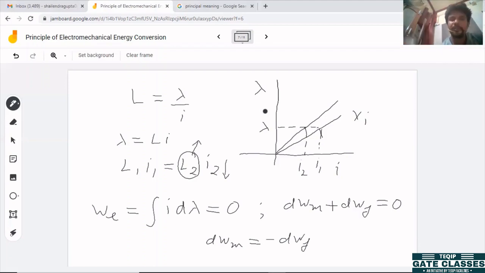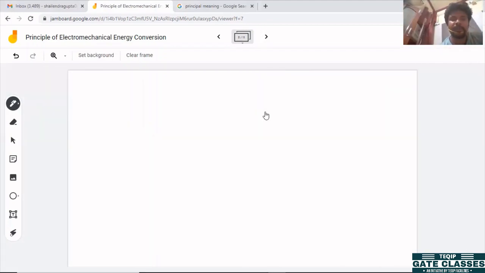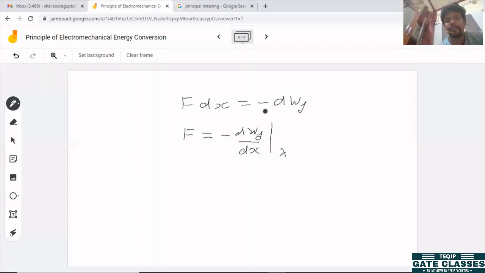So here if we break up our dWm, then we can write it as f dx equal to minus dWf. So f we can write as minus dWf by dx, and where lambda is constant, mind you, here the lambda is constant.